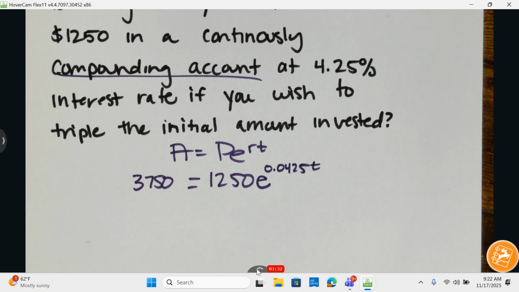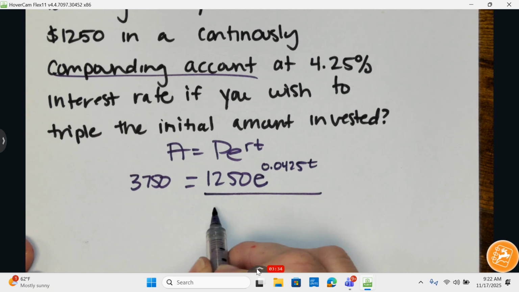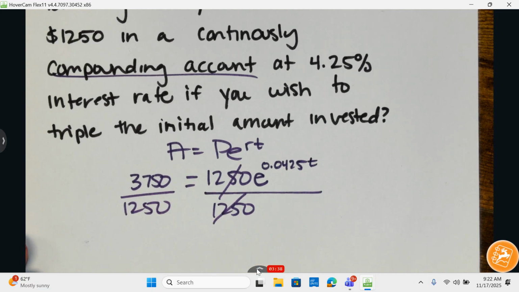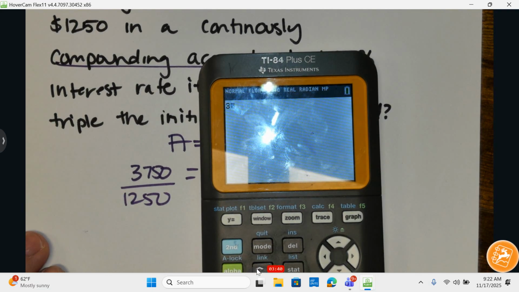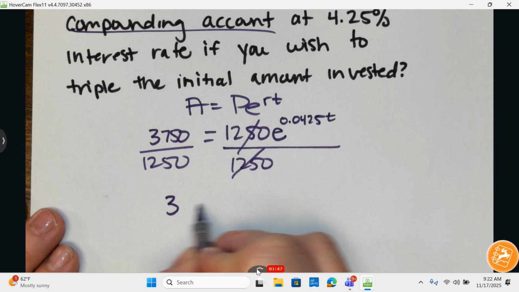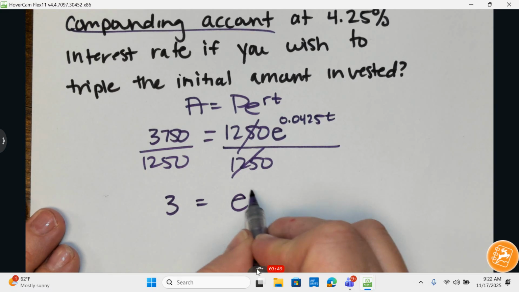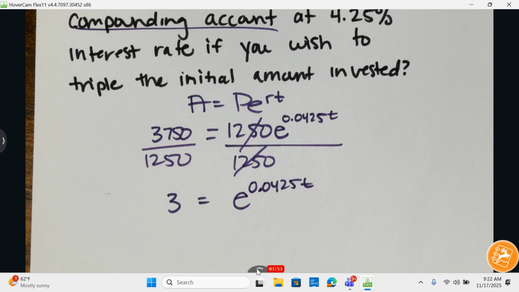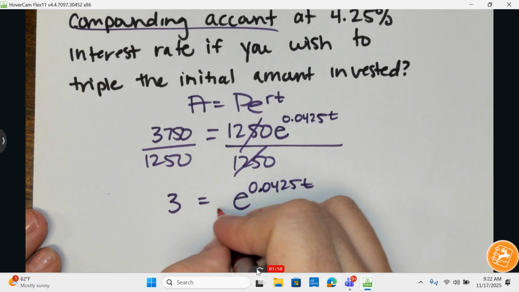In order to solve this, the first thing I need to do is isolate the e. I'm going to divide both sides by 1,250. Now, I already know, because I took it times 3, that 3,750 divided by 1,250 is 3. So on the left-hand side, I have 3. In order to isolate the T, I need to take the log base e of both sides.